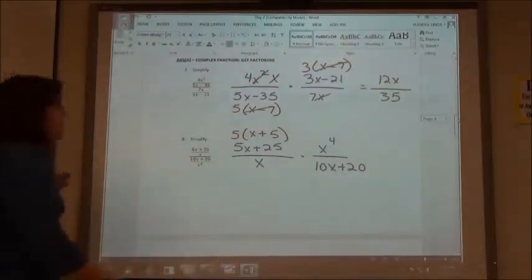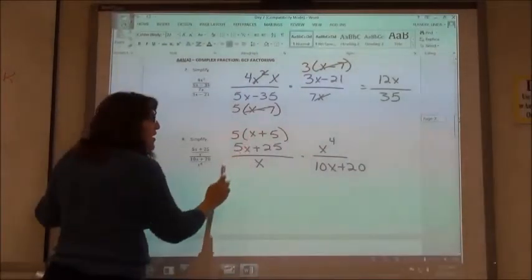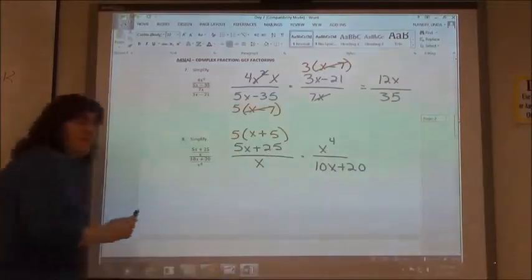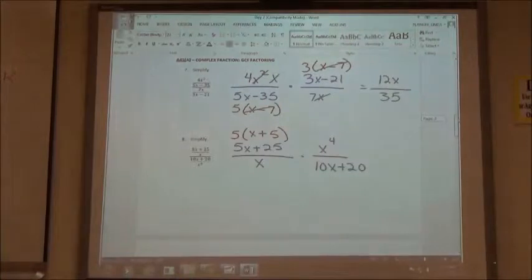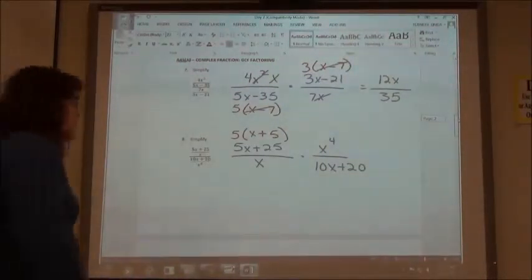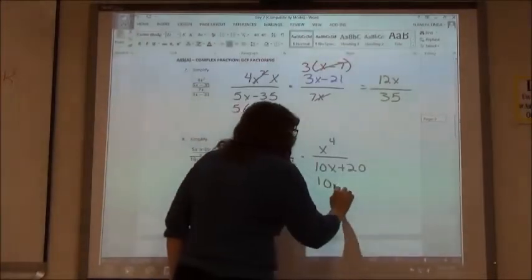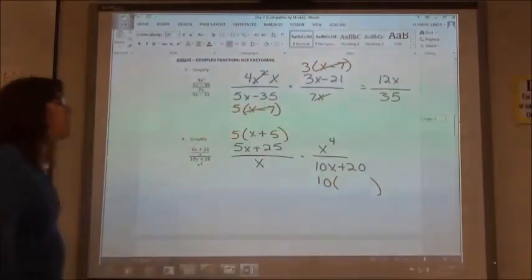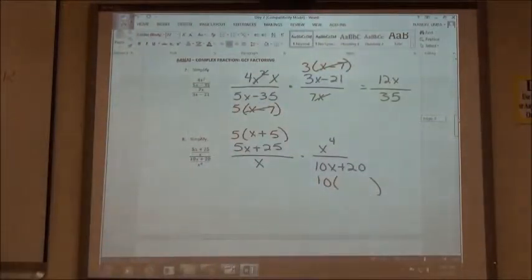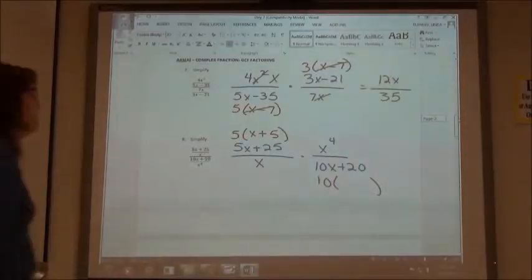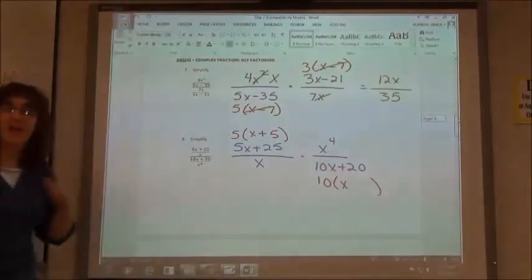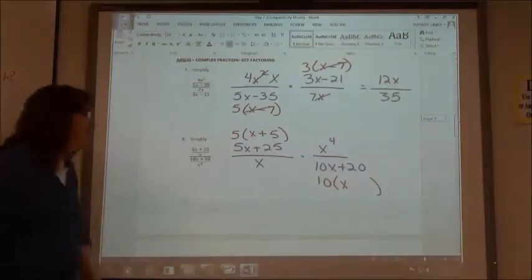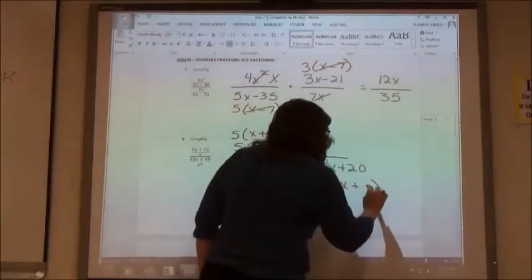So that it should multiply back out. 5 times x is 5x, and 5 times 5, 25. The bottom one over here, both of those are divisible by 10. So when I take the 10 out of there, what am I going to have left in my parentheses? X. Oh, 10x. Nope, you were right first time, just an x, because I took the 10 out. Plus 2. Plus 2, exactly.